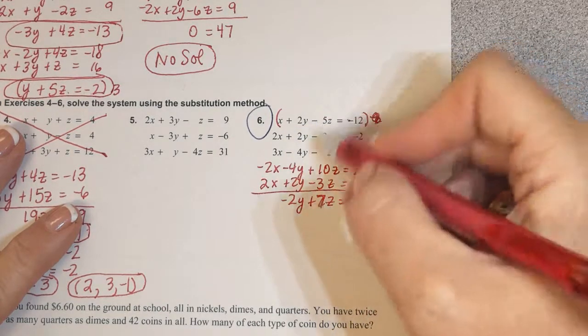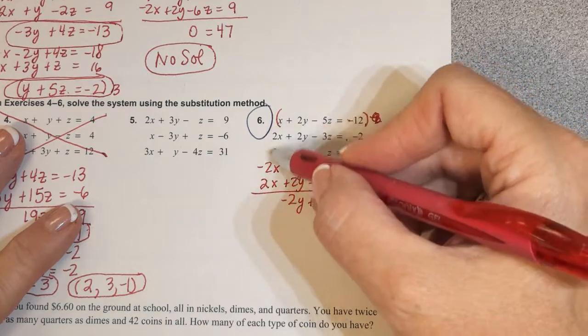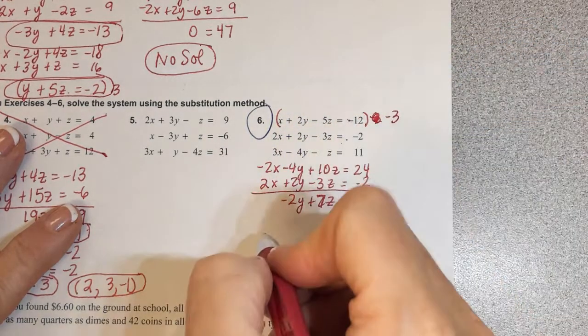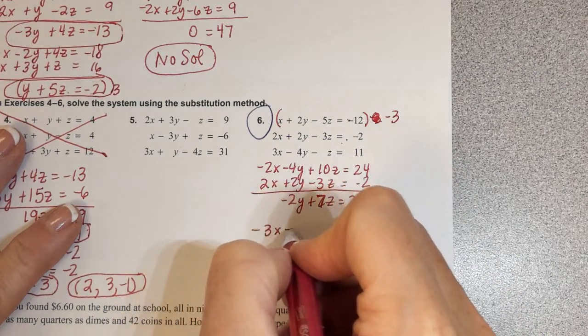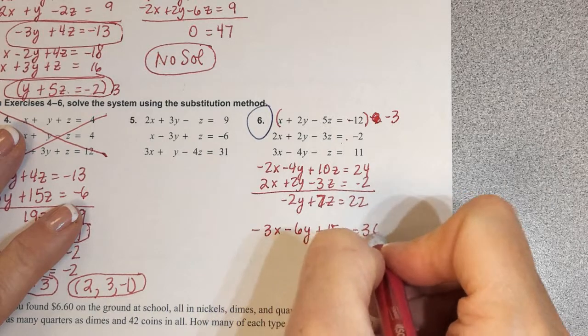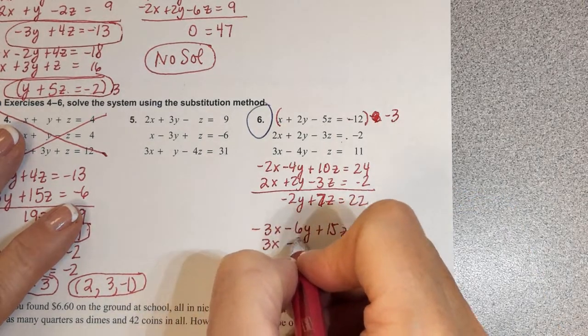Yeah, so I eliminated my x's for 1 and 2. I'm going to do 1 and 3 now. So now I'm going to multiply 1 by -3. Again, be careful with that arithmetic.